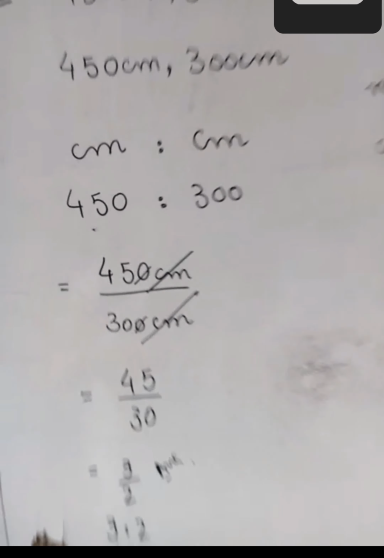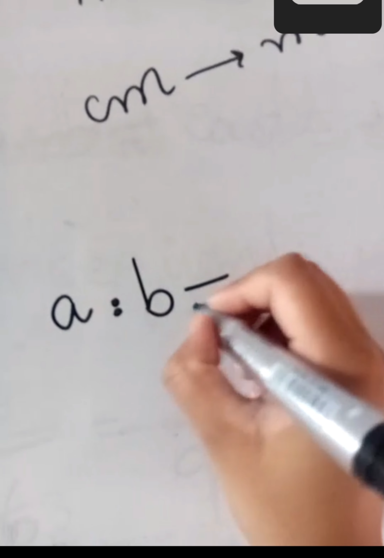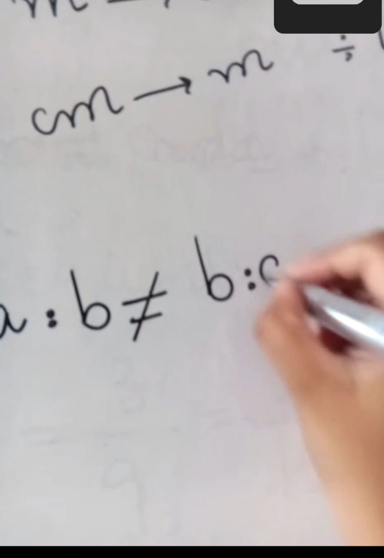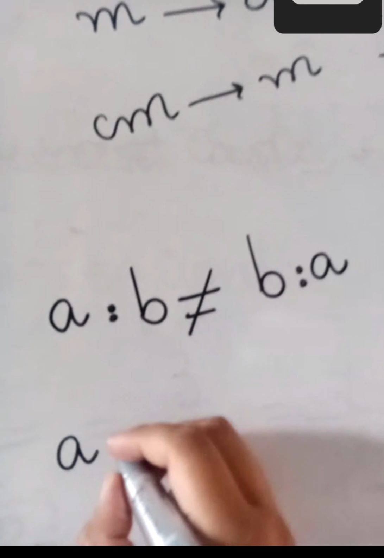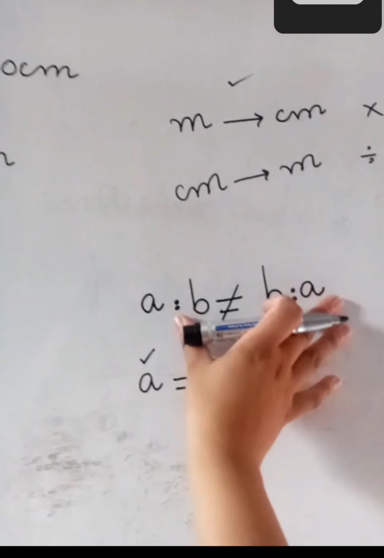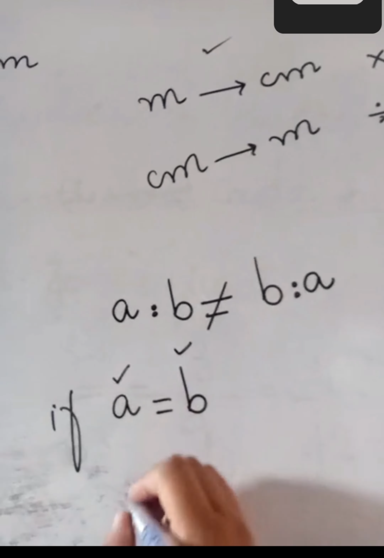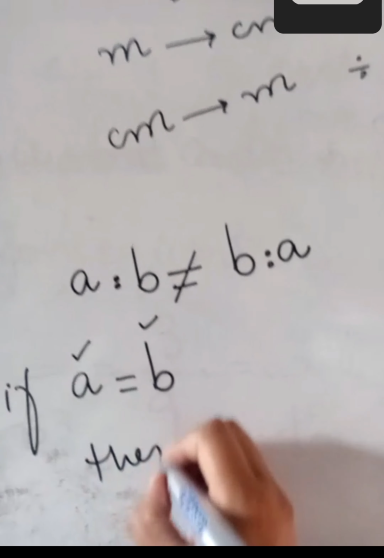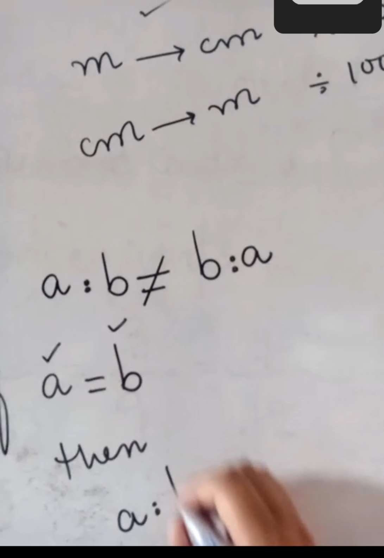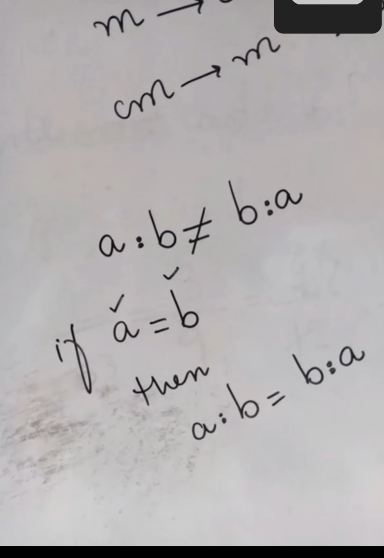One important point to remember: A ratio B is not equal to B ratio A unless A is equal to B. If A and B are equal, then this equality holds. Otherwise, it doesn't.